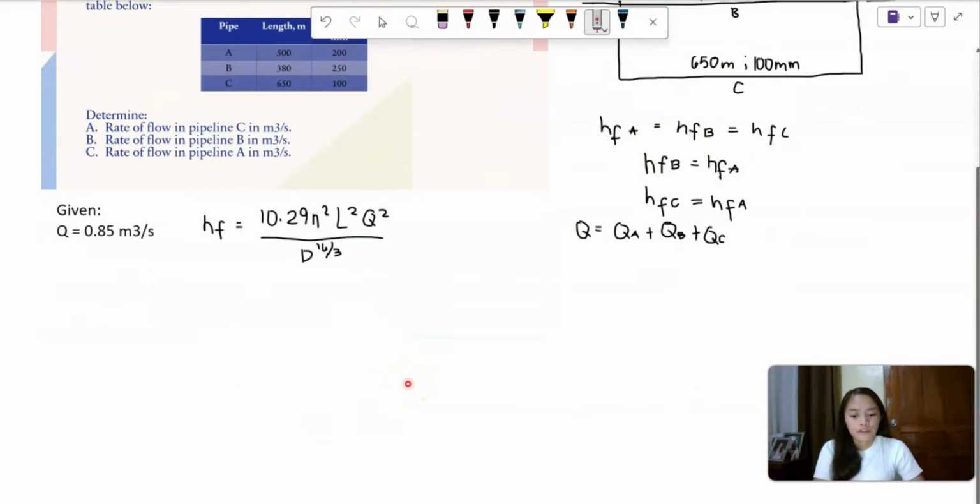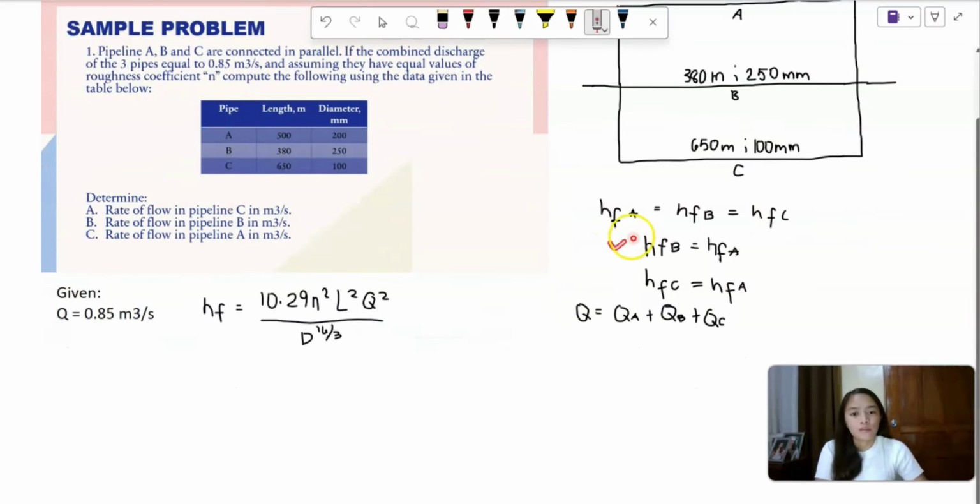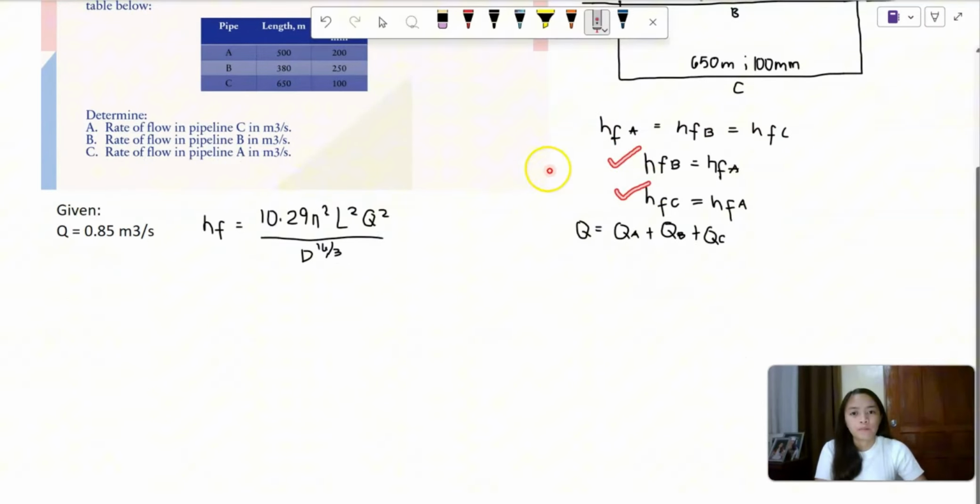So first, in order for us to get Q sub A, or the rate of flow in pipeline A, we need first to get Q sub B in terms of Q sub A and Q sub C in terms of Q sub A. So we will use these two equations here.